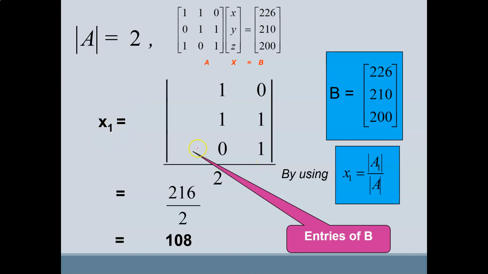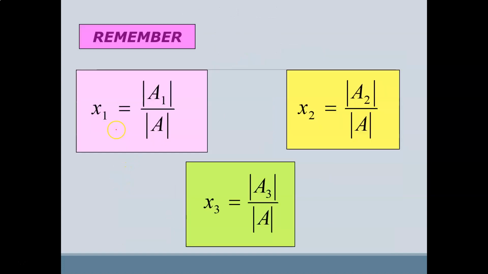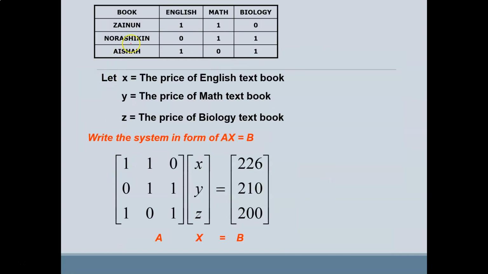For X1, you replace the first column with B, find the determinant of this, and divide by the determinant of A. So you get X1 is actually 108. X1 refers to the English book.